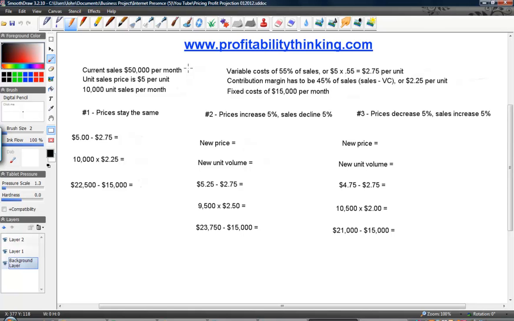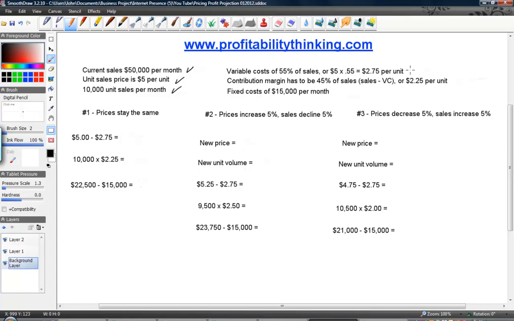So let's take a look at our sample company on the board here. The sample company has current sales of $50,000 per month, has unit sales price of $5 per unit on average, which means $50,000 divided by $5 is 10,000 unit sales per month.